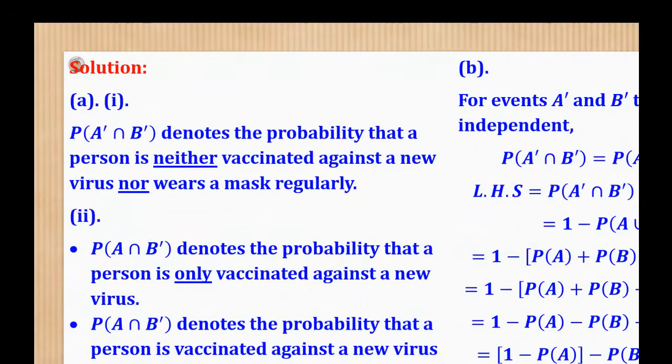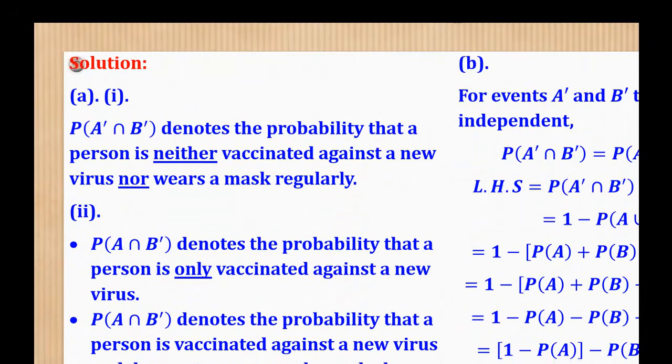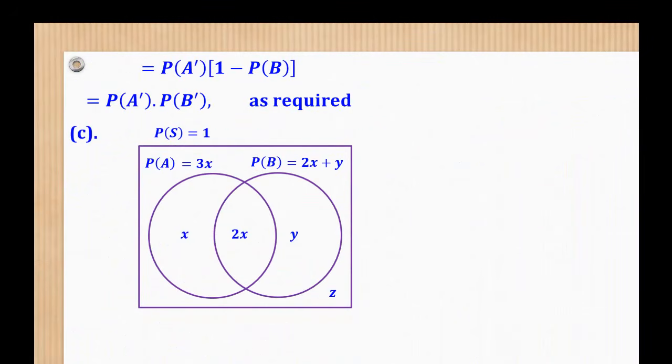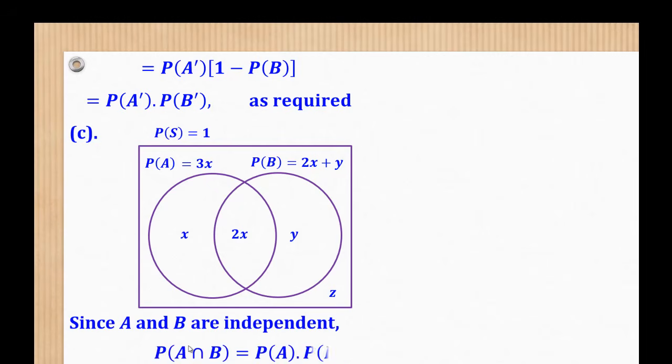So that will mean that in my Venn diagram here, this plus this plus this plus this should be equal to 71 over 75. So now we are going to begin by saying that since the two events A and B are independent, it means that the intersection is the product of individual probabilities.